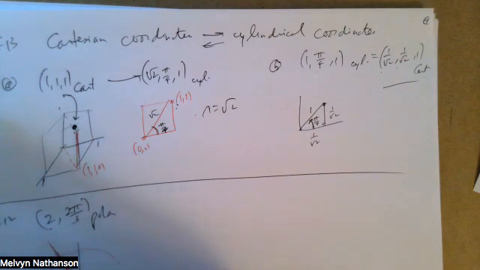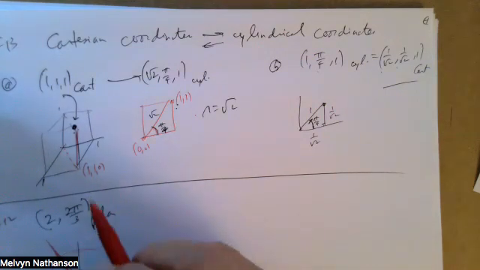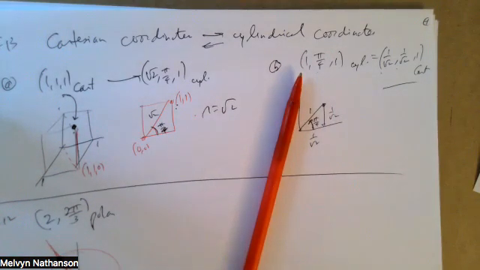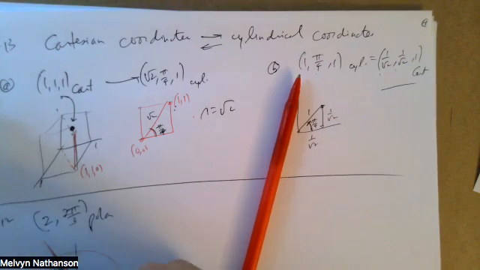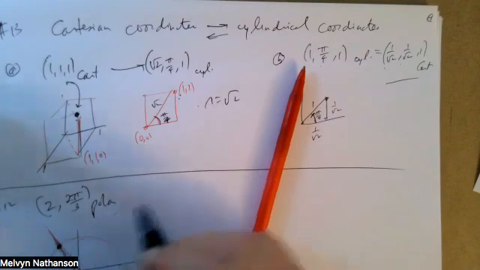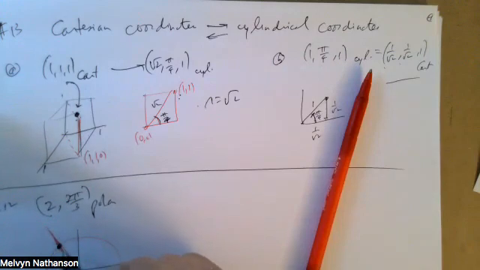So this is the line where this angle is 2 pi over 3. So we're looking for the point on this line that makes an angle of 2 pi over 3 with the positive x-axis. That's the point we're looking for.